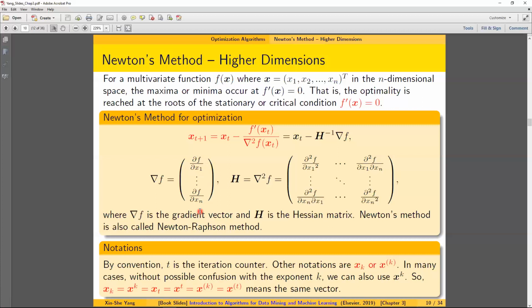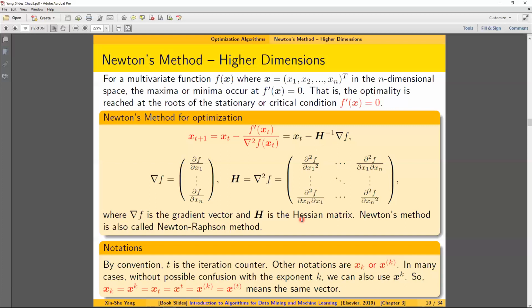And then you could define the Hessian matrix. Remember that the diagonal would be the second order derivative in terms of each individual variable, and the off diagonal is the partial derivative in terms of x1 and x2, x1 and x3, x1 and x4, all the way to there for the first row, and the same thing for the first column as well.